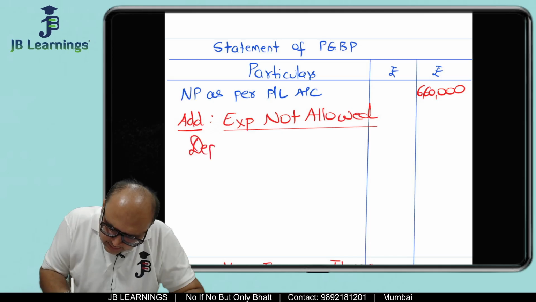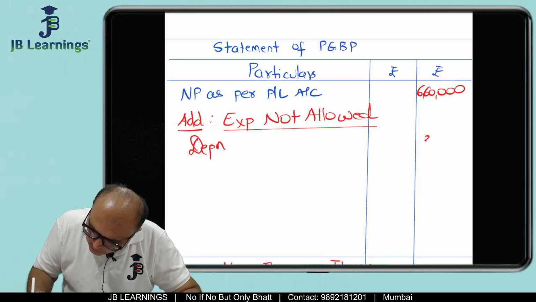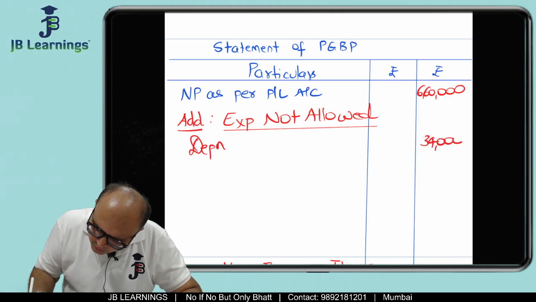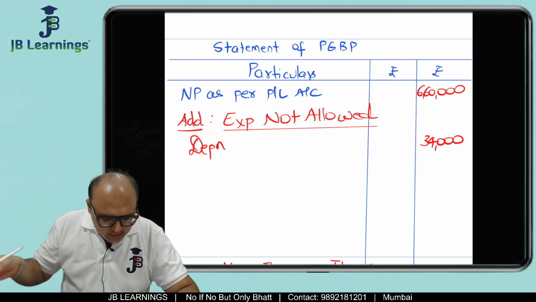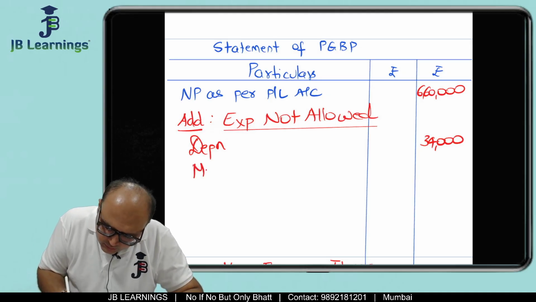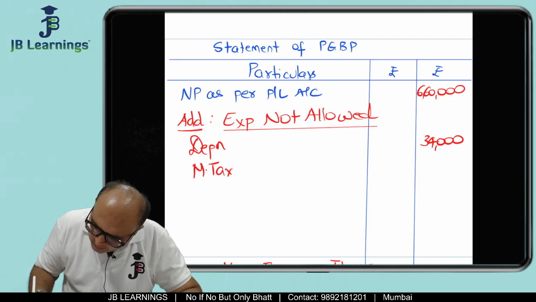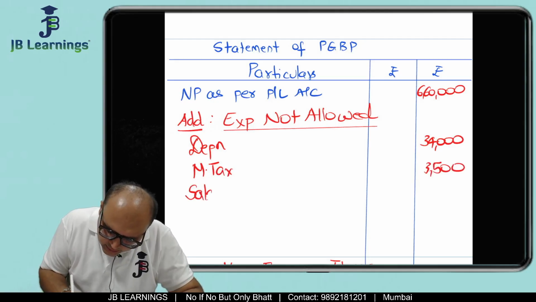Now which are the expenses which are not allowed? So one is depreciation, which is not allowed. Inner column, outer column, you don't have to worry. By chance, by mistake, you have written in the outer column, don't cancel it. It's okay. Depreciation. Then second is municipal tax. Municipal tax would be not allowed to the extent of 3,500. Then salary in cash.